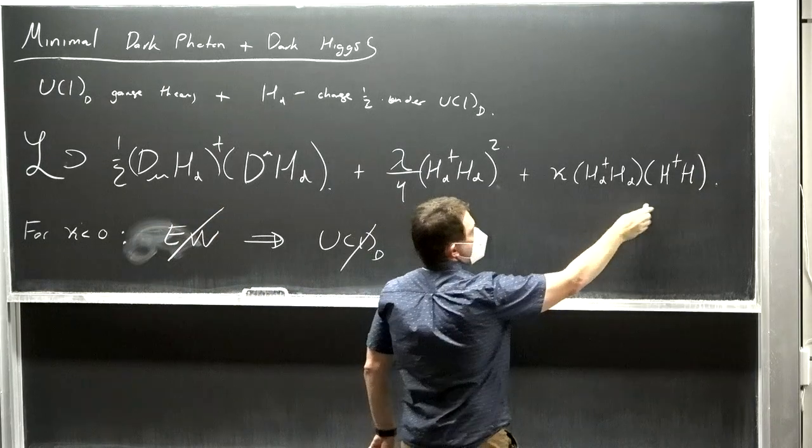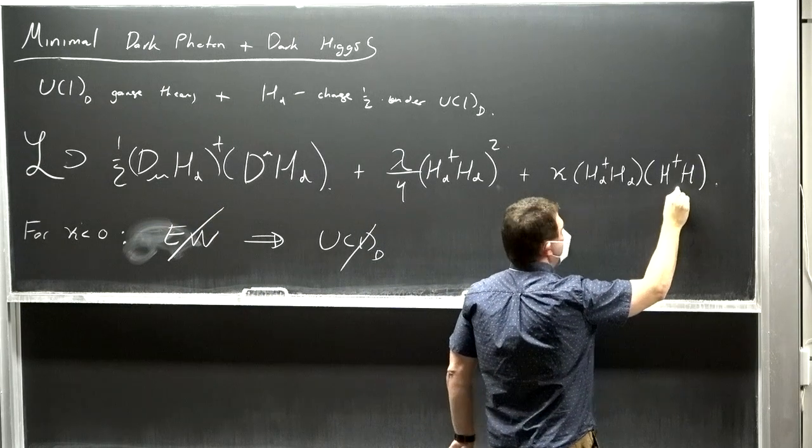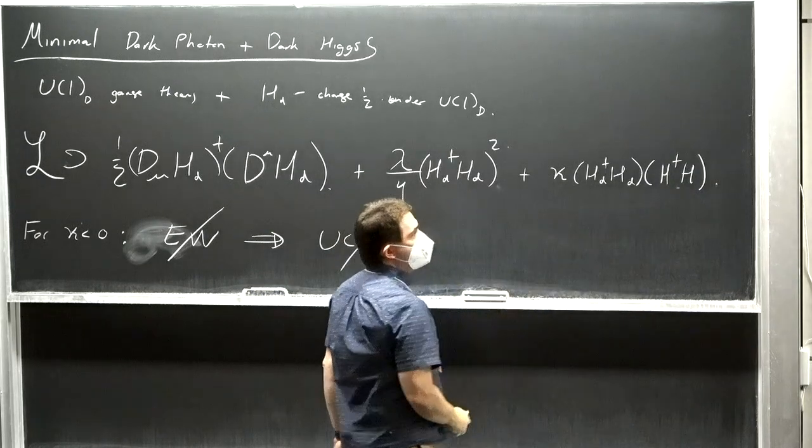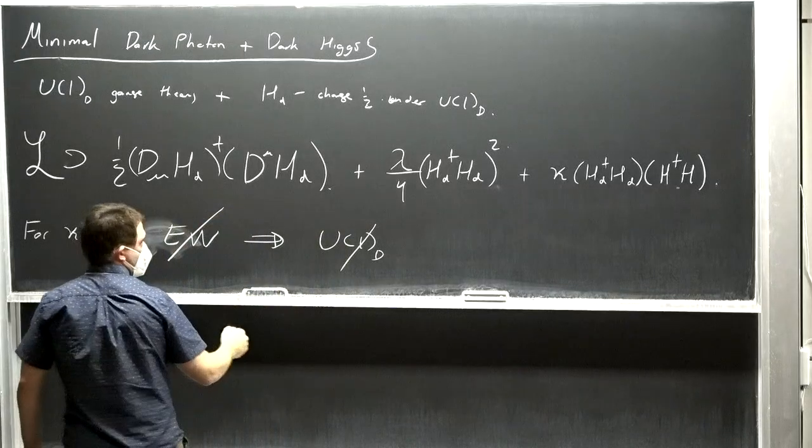Right, so if the standard model Higgs takes its VEV, then we pick up a negative soft mass down from the weak scale by kappa that drives U1 dark breaking.